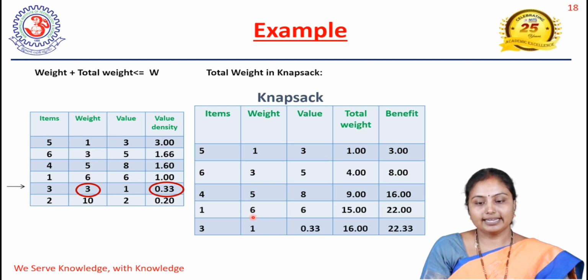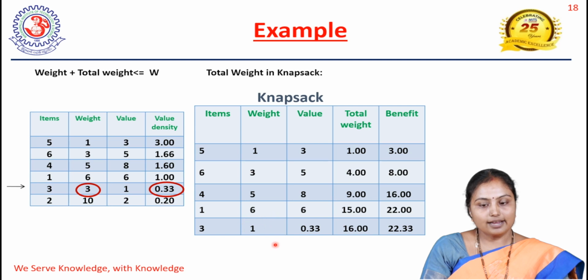Here you can observe that in the knapsack only 1 weight is added. Instead of the total value 1, we gave 0.33, because this value density is only for weight 1. We don't need the entire 3 weight, because if we take the entire weight 3, our constraint will not be satisfied and the knapsack weight will exceed 16, so our objective function will not be satisfied.